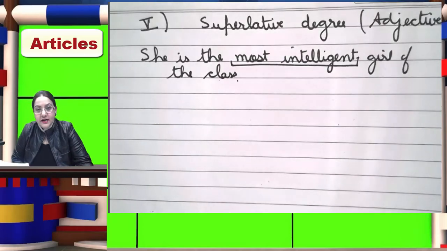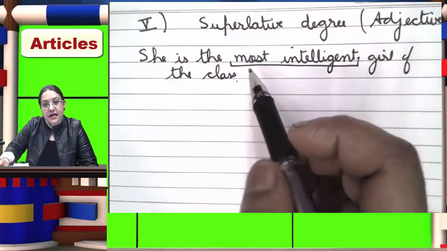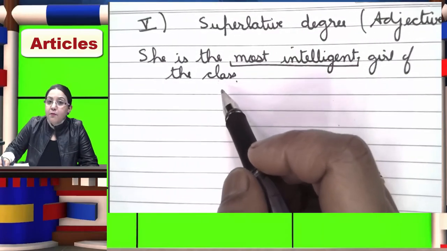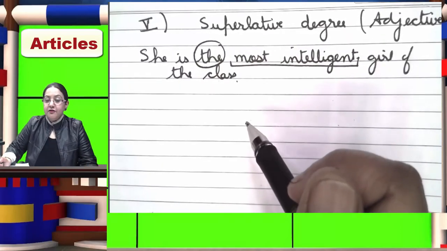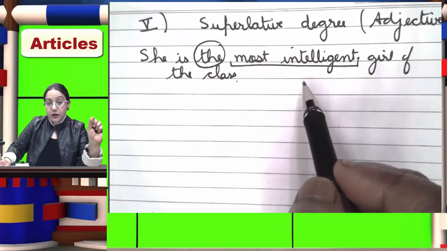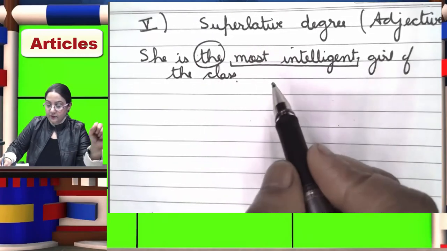Intelligent, more intelligent, and most intelligent. The superlative degree of intelligent is most intelligent. So whenever I'm saying most intelligent, I'm going to say the most intelligent. So the again is a definite article. Here we are talking about the most intelligent girl of the class. So the is our definite article.